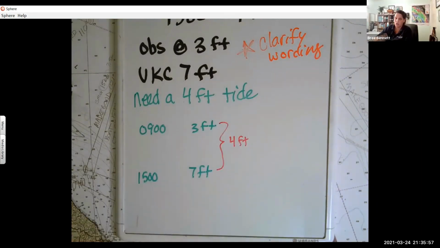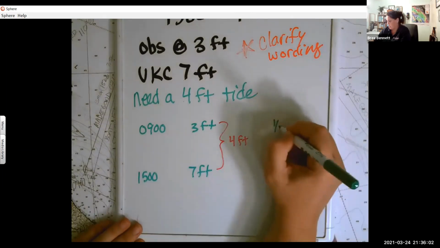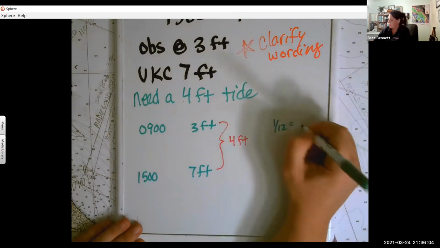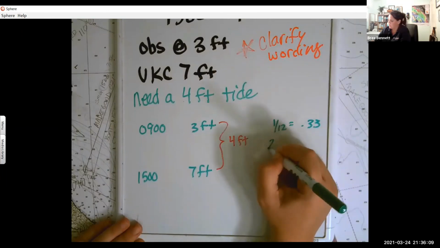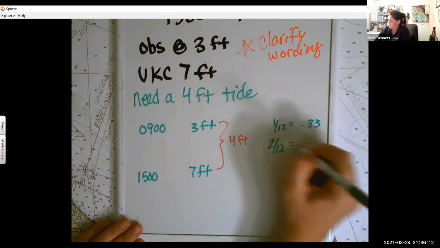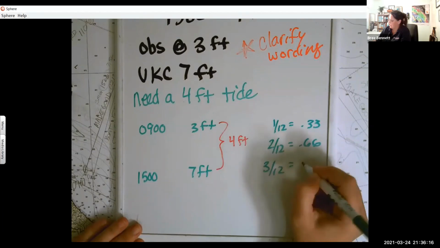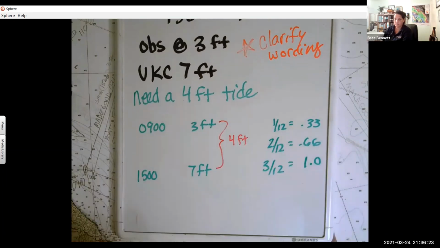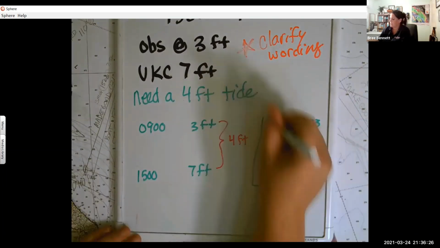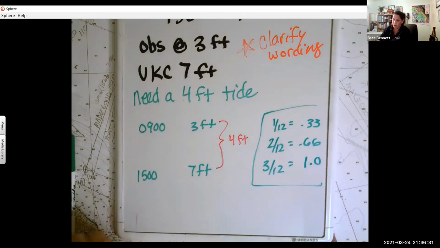So if I quickly do 1/12 of 4 feet, 1/12, 0.33 or 1/3. 2/12 is 0.6. 3/12 is 1 or 0.99. So I'm going to keep this in mind, and I am looking for a tidal change of 1 foot.